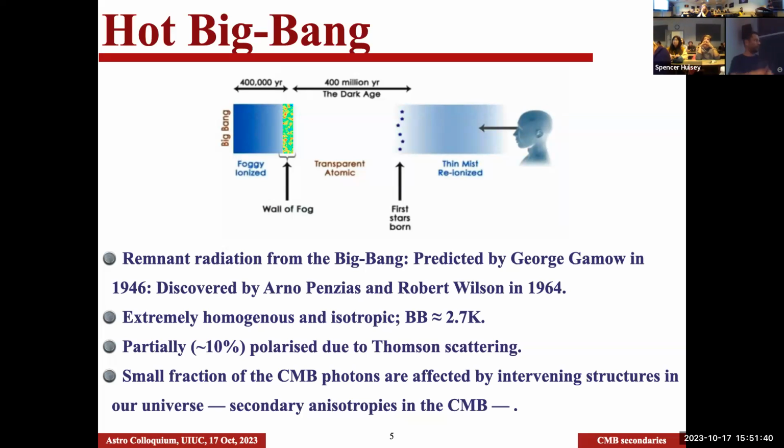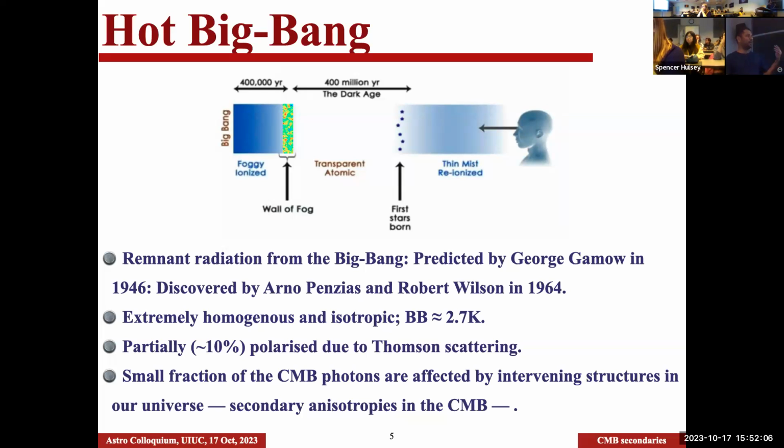It took some time, and at the time there were still free electrons, and CMB photons interact with these free electrons through Thomson scattering, and that gave rise to polarization in the CMB. So the CMB is also partially polarized, and then these CMB photons, when they're traveling towards us from the surface of last scattering, are interacting with everything that we know in the universe, all the structures, galaxies, everything that we see in the universe.